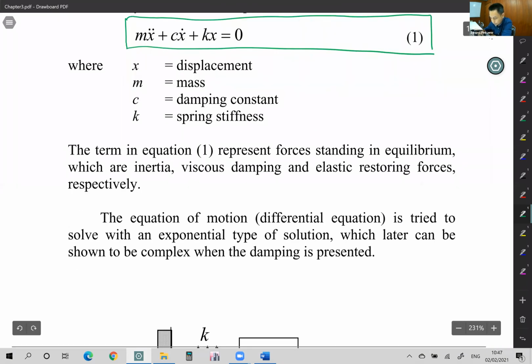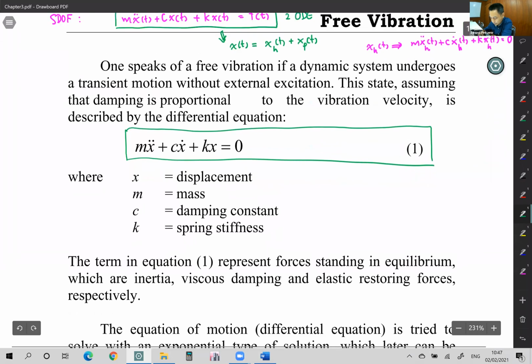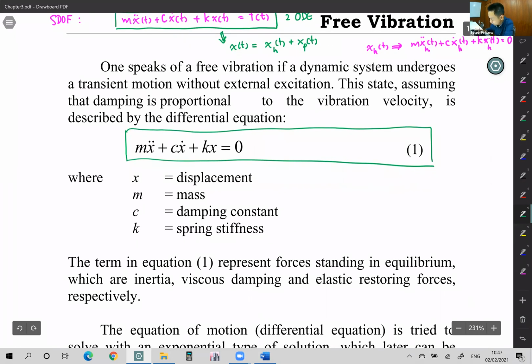Okay, so let me define some terms. Sometimes we call each term by some meaning. The first one, the pink one that I draw, is called the inertial term or inertial force.